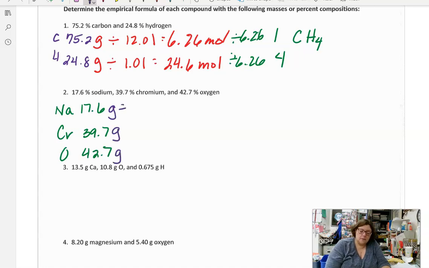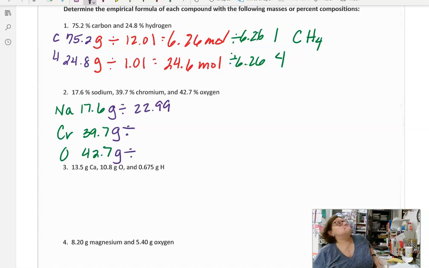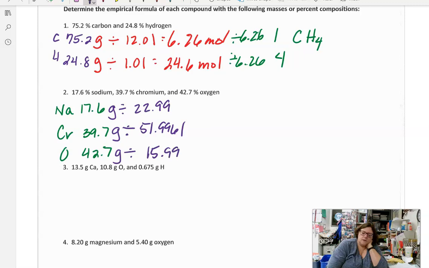The next step, change to moles. Sodium is 22.99. Chromium I have to look up. 51.9961. And oxygen's 15.999.